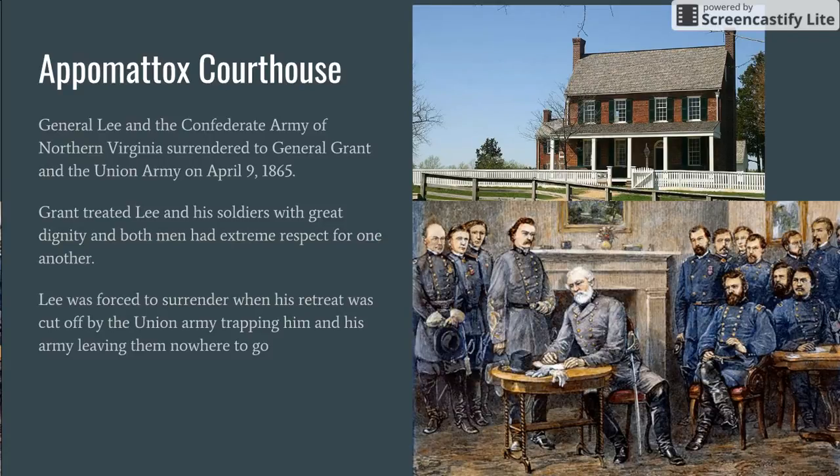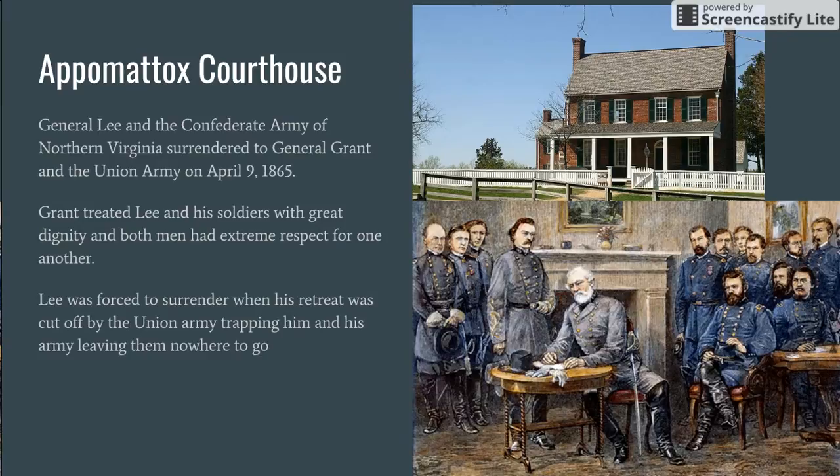General Lee and the Confederate armies of Northern Virginia surrendered to General Grant and the Union Army in 1865. Grant and other Union generals had essentially cut off Lee's route of escape, leaving him no option but to surrender or fight to potentially his death.